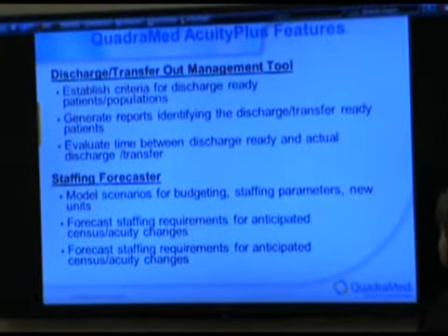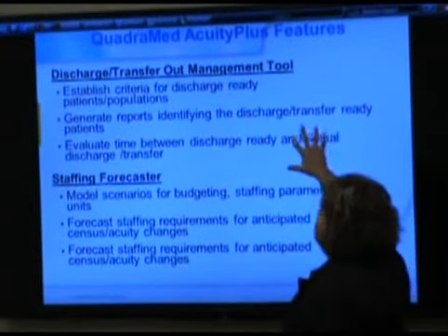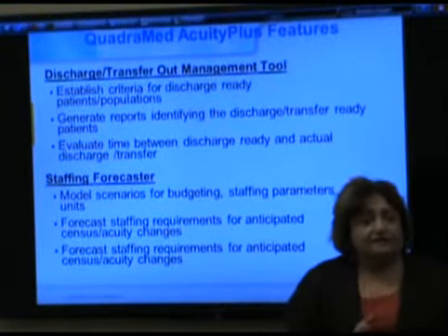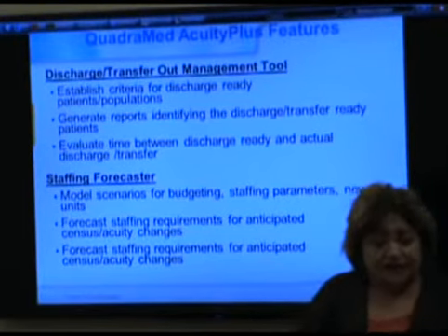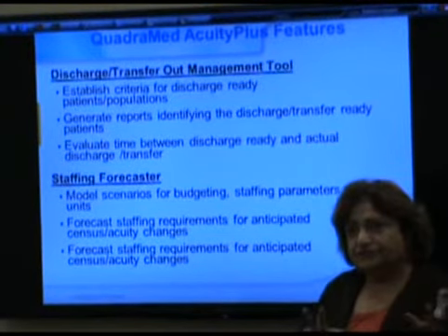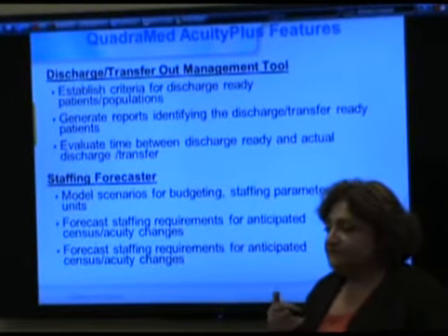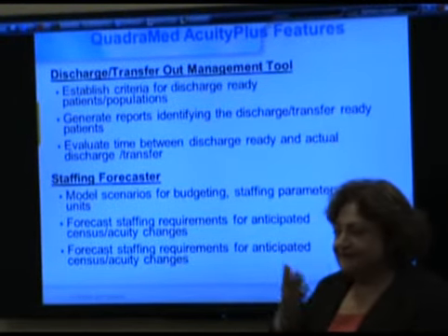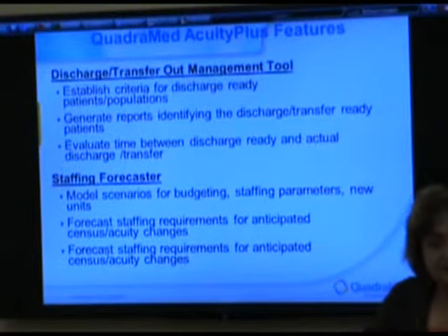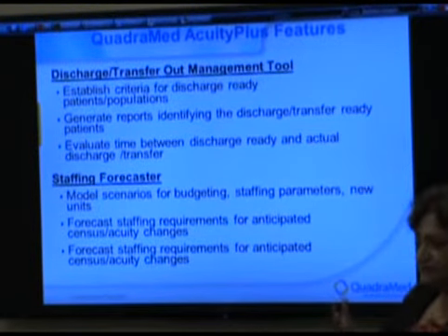Now, some hospitals use this tool in their quality assurance. They have a discharge manager, a discharge group of nurses who go around with a list of patients and talk to physicians and say, these are patients that look like they're ready to go home, what are your plans for their discharge?